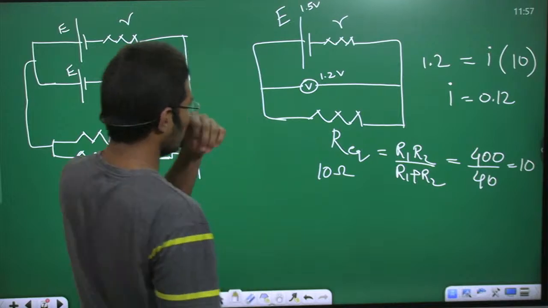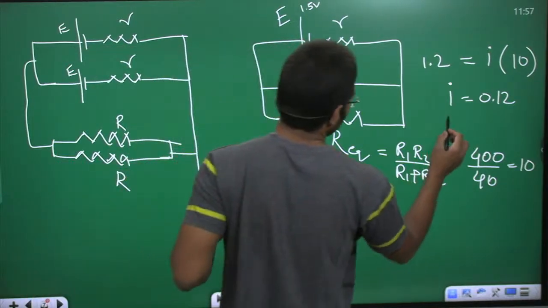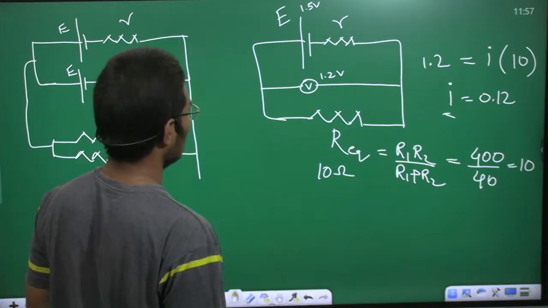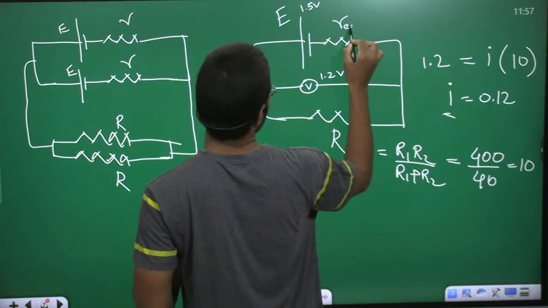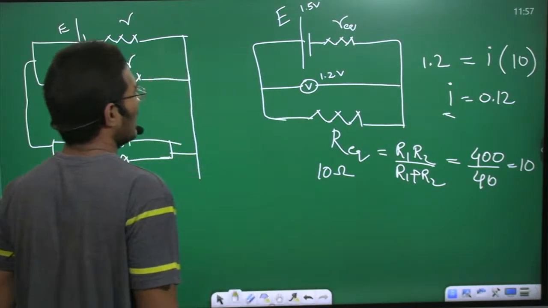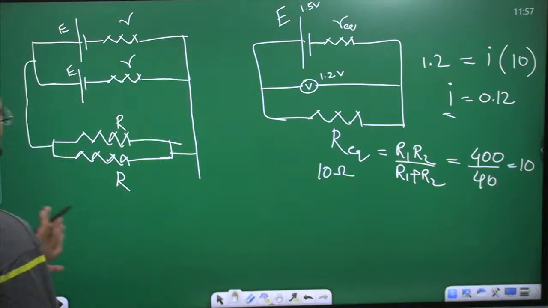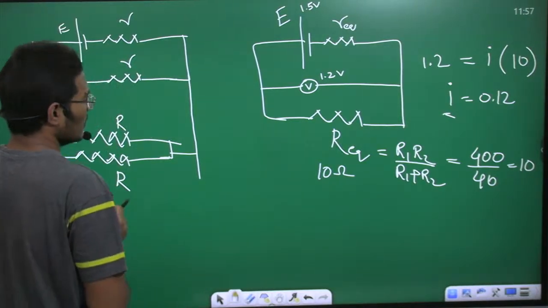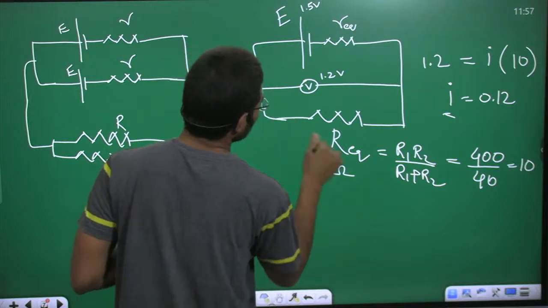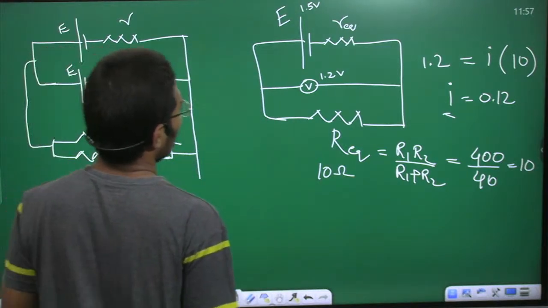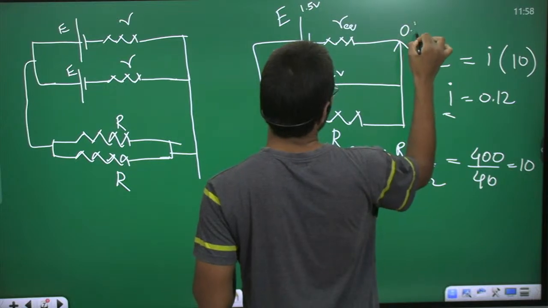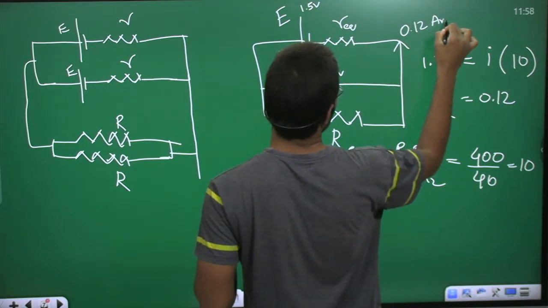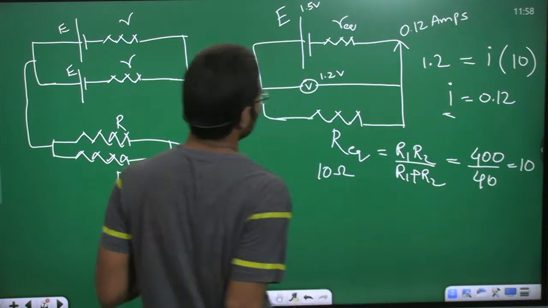Okay, so we got I. Now how to find the internal resistance? We'll apply the Kirchhoff law. We got that I is equal to 0.12 amps, right?